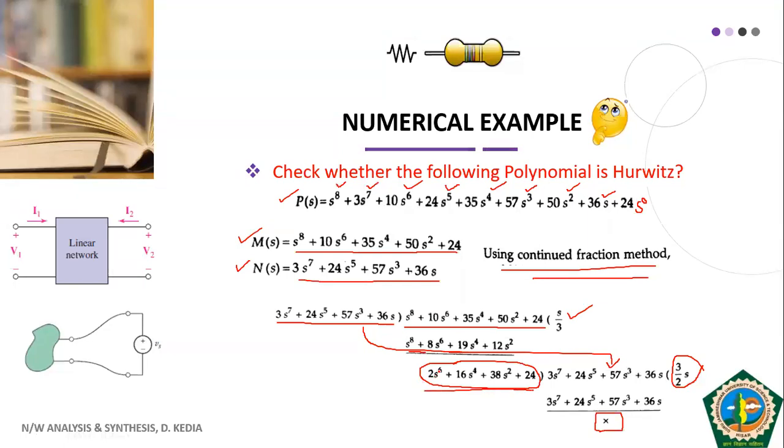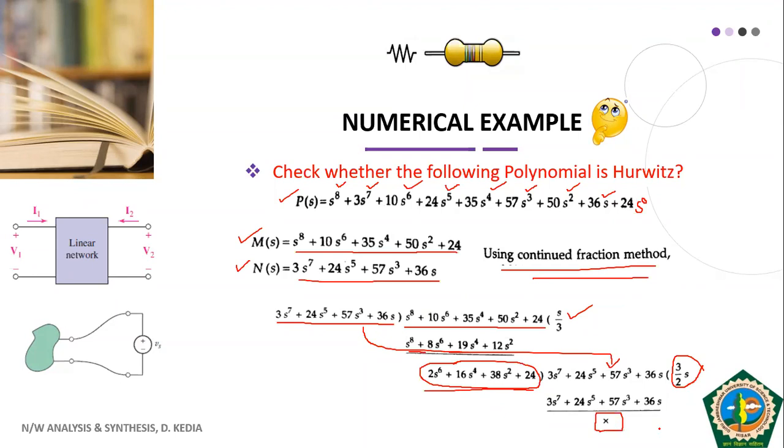We had 2 s raised to power 6 and we got 0, meaning it got divided earlier. So it means that an unexpected end of the continued fraction method has taken place, as we were expecting to continue up to the constant term, but it didn't.